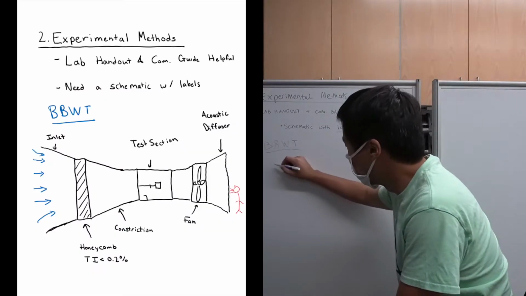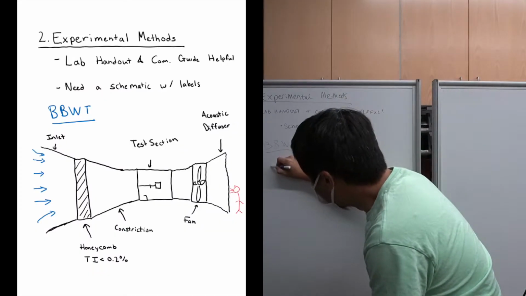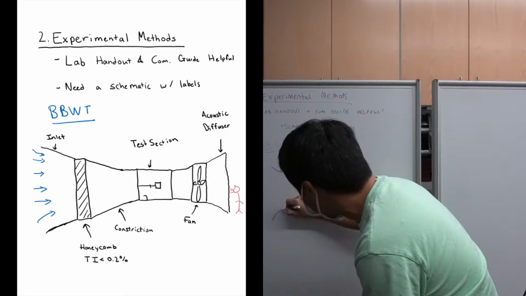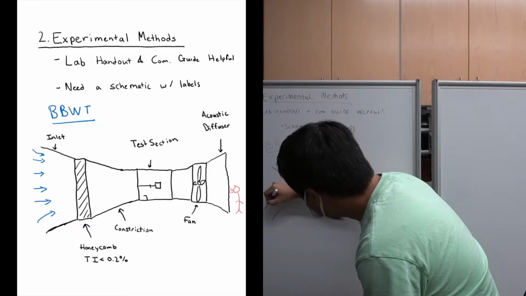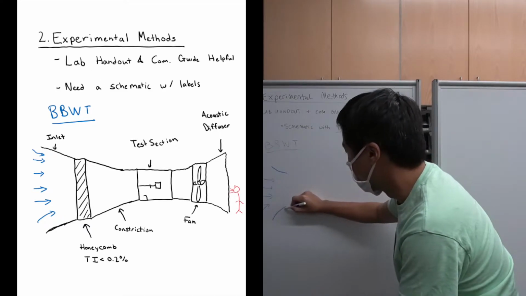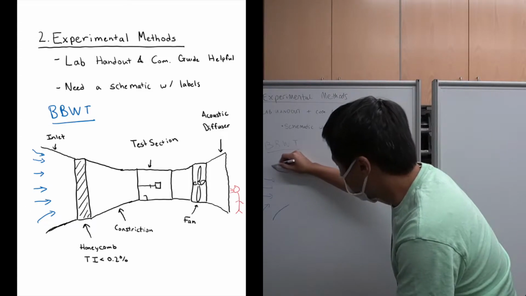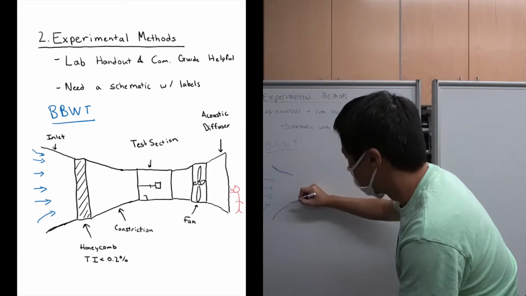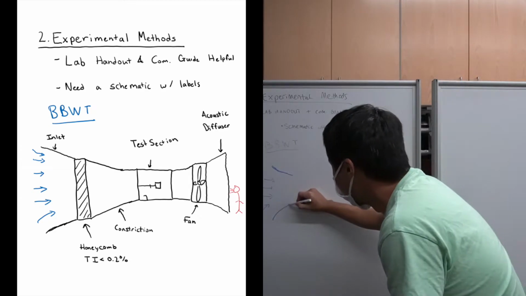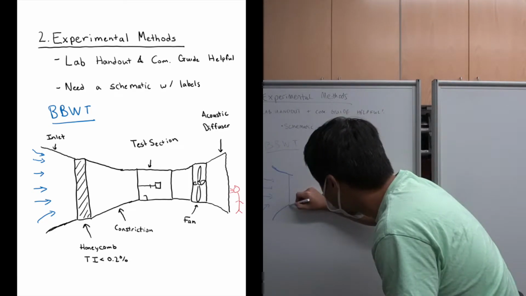What we start off with is an inlet. This is obviously where the wind comes in. From the inlet, we have a honeycomb section. This honeycomb section exists to decrease the turbulence, straighten out the flow, if you will. It does a fantastic job of this.